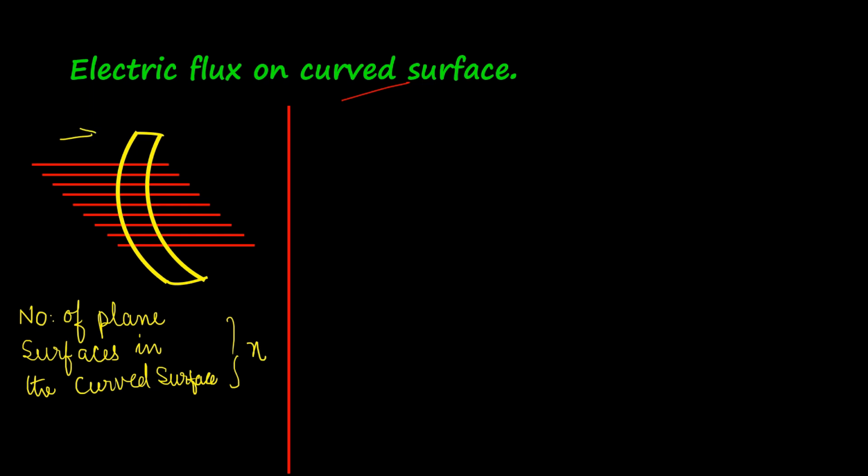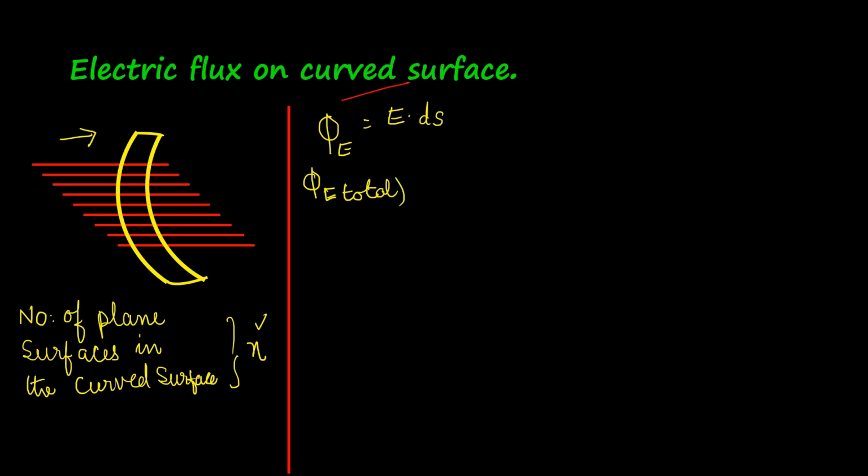We will mark out the direction of the electric field. If the electric field is wider, then all the electric field lines will not pass through the curved surface. But here the electric field area is less, so all the field lines pass through the surface. Electric flux is equal to E dot ds. But ds, the curved surface, is made up of n number of plane surfaces: ds1, ds2, etc. up to dsn.